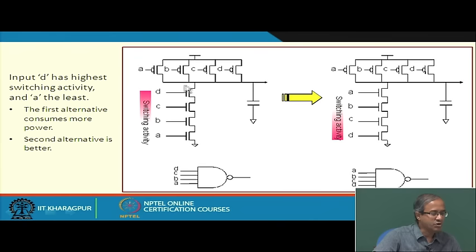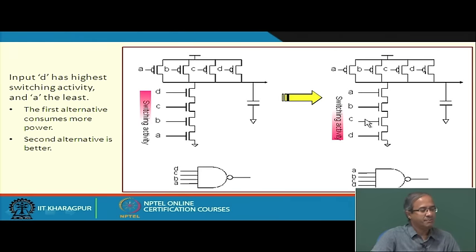So, if this node D switches very fast, this is red, then due to some leakage current here or whenever this was on, this capacitance charging and discharging will also be quite high, because there will be a conducting path through here for some time. Similarly, C is also quite frequently switching. So, there will be times when both D and C will be conducting, and this capacitance will also be charging and discharging.